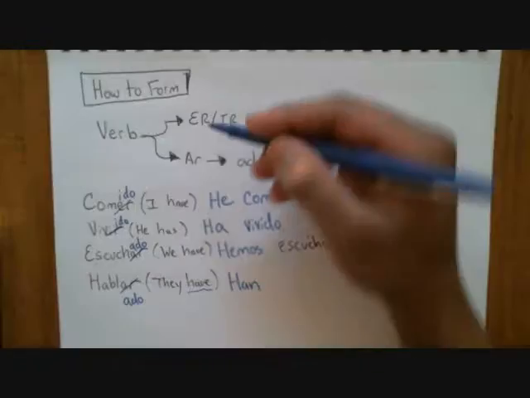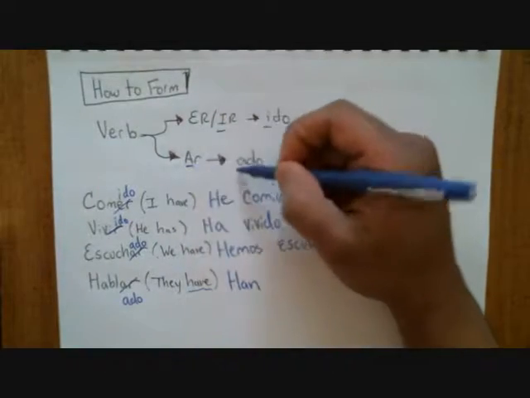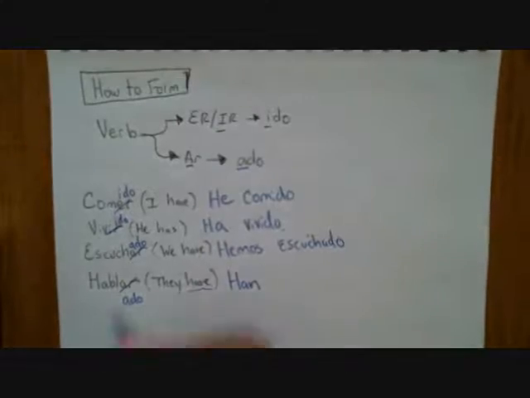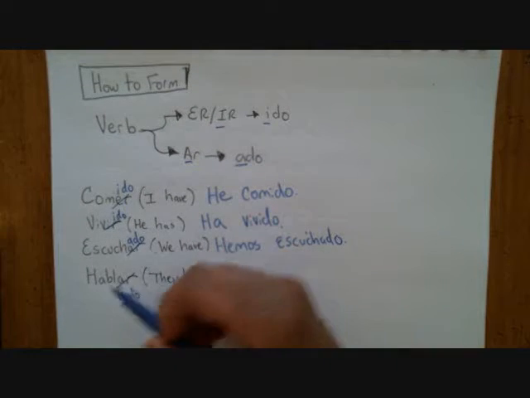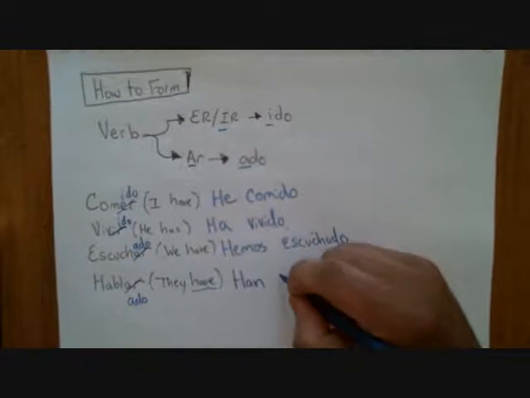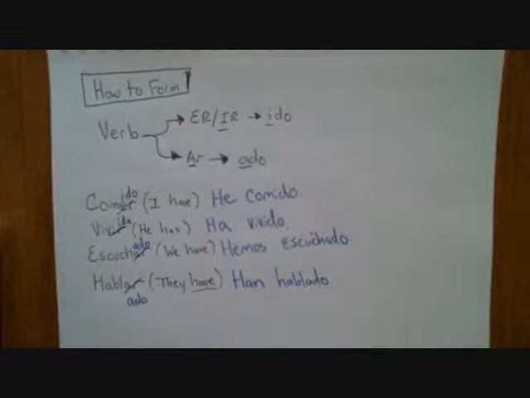And an easy way to remember this is the I and IR, the I and ido, it matches. The A and AR, the A and ado, they match. An easy way to think about it. And typically ER and IR verbs are associated together in your conjugations. So it would be han hablado. They have spoken. So that's just the general idea of how to form the perfect tense.